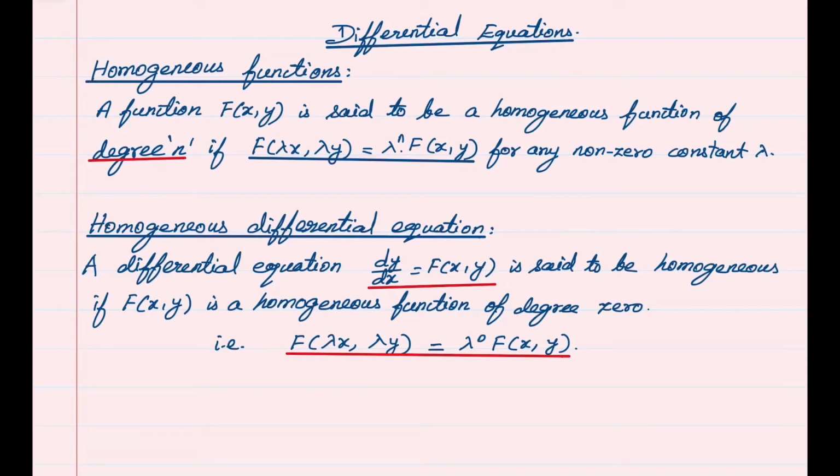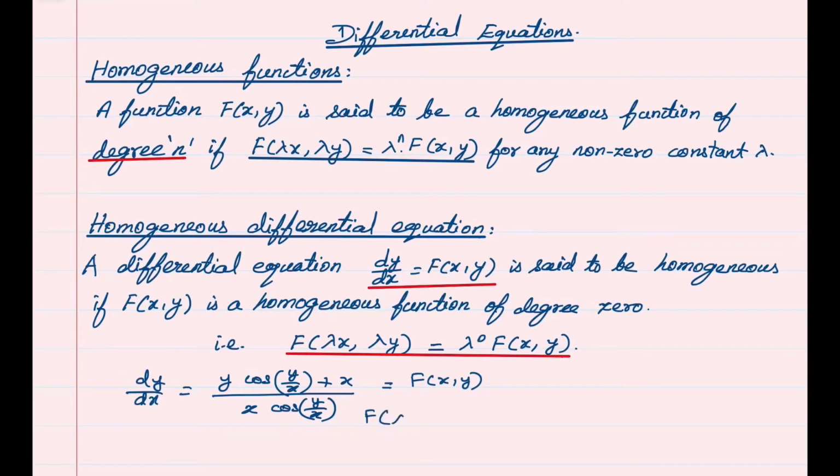Let us consider another example. dy by dx equal to y cos of y by x plus x divided by x cos y by x. Let us take this as f of x, y.